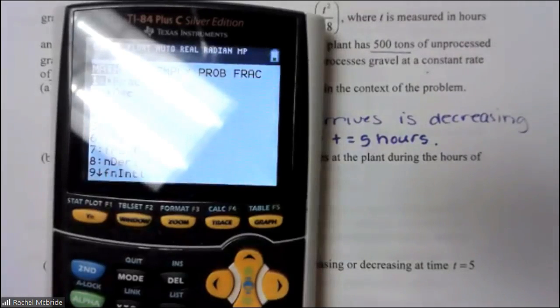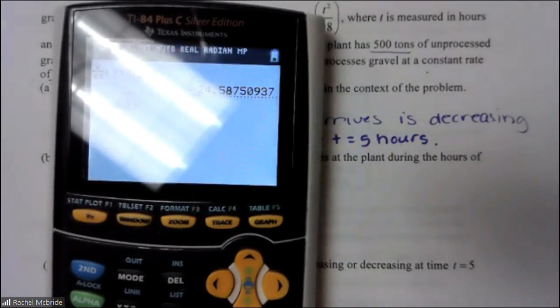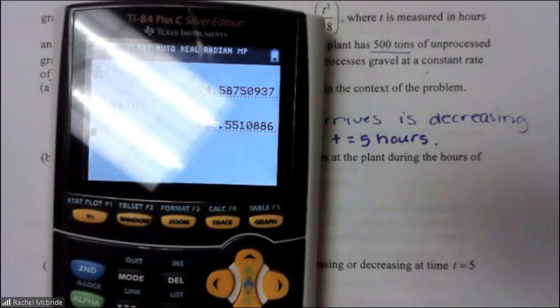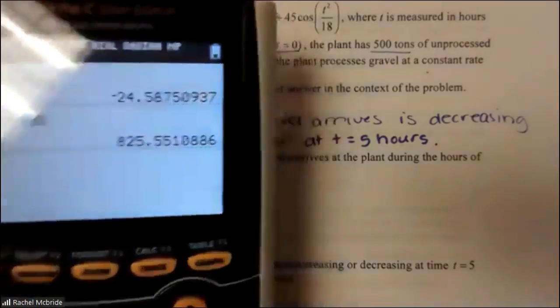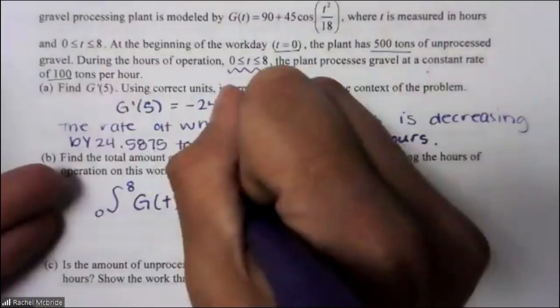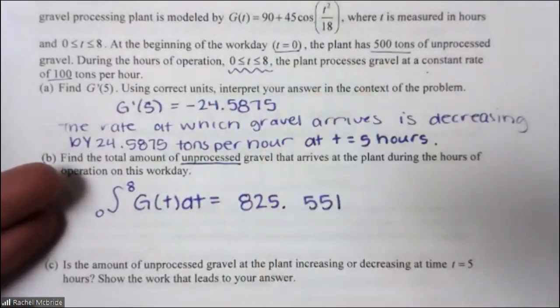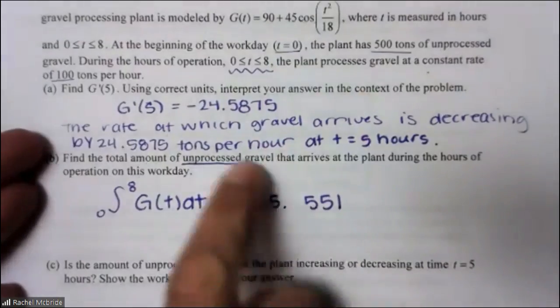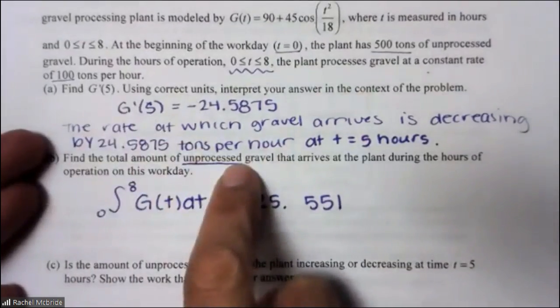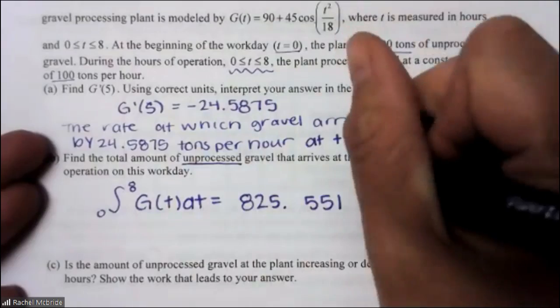So now we're math 9, 0 to 8, bars, y bars, function, y1, dx. So that's 825.551. And if that's tons per hour, this is tons.